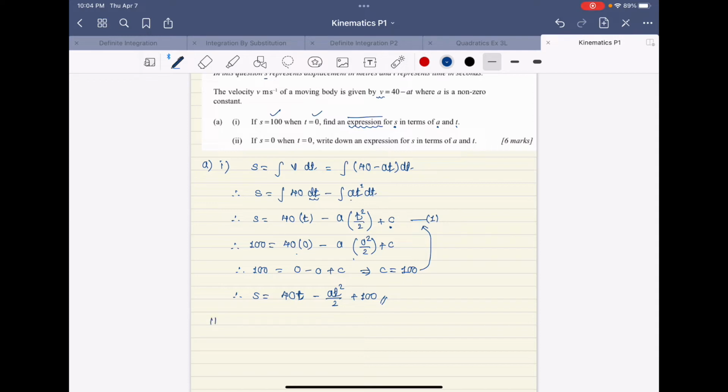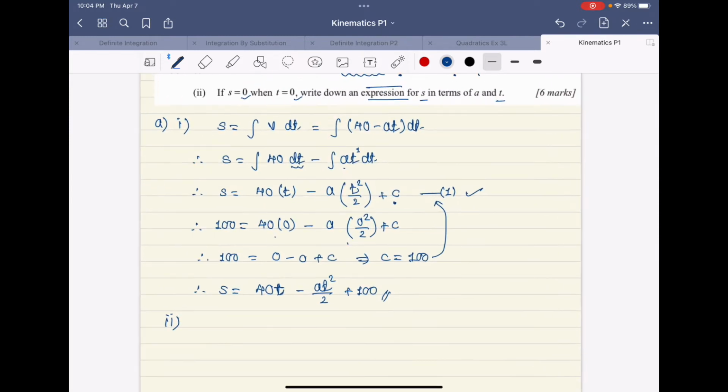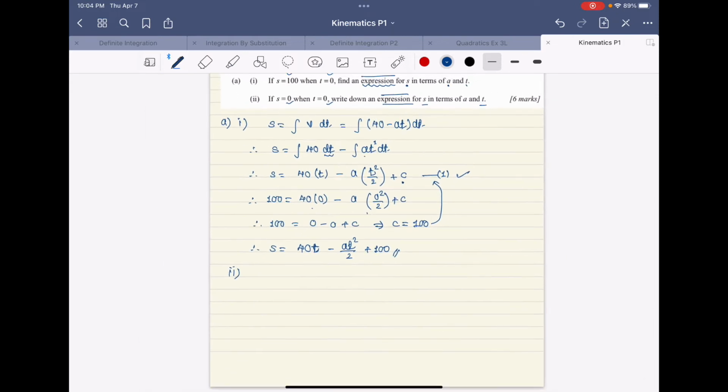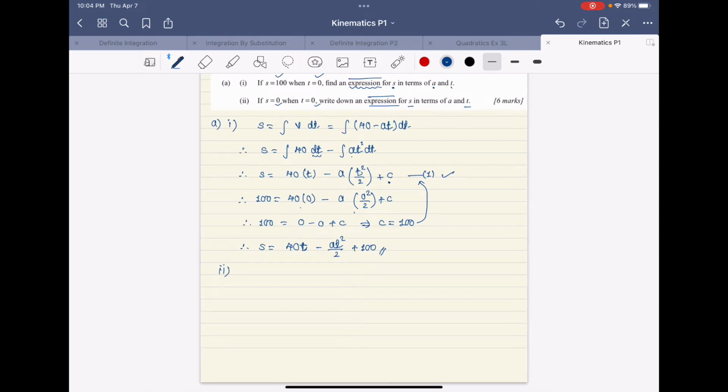Second part, when s is 0, t is 0, write down an expression, again indefinite integration, for s in terms of t. So we already have this s equation because we are taking the same integration, but only your s and t become initial values. Initial value means what? t is equal to 0, s is equal to 0. So we will substitute s is equal to 0 and t is equal to 0 in equation number 1.